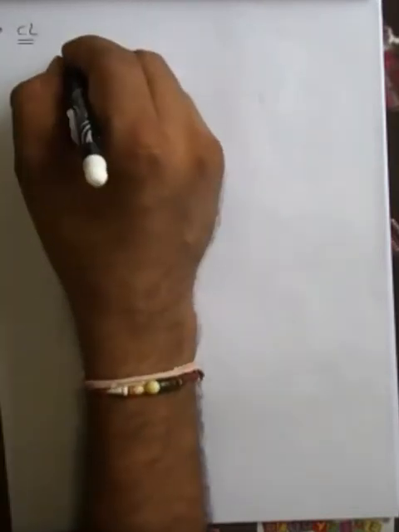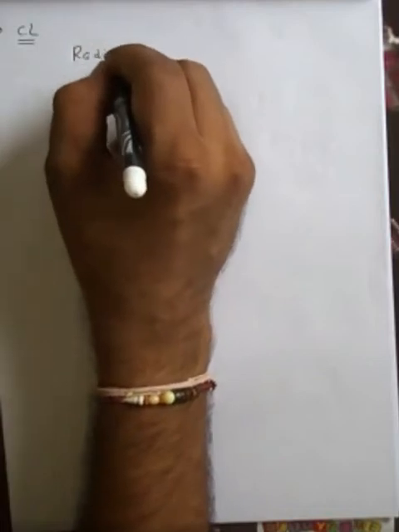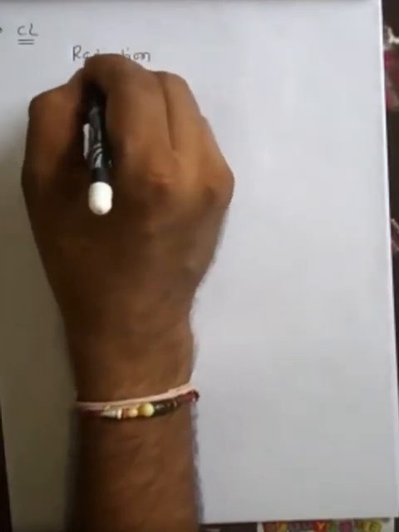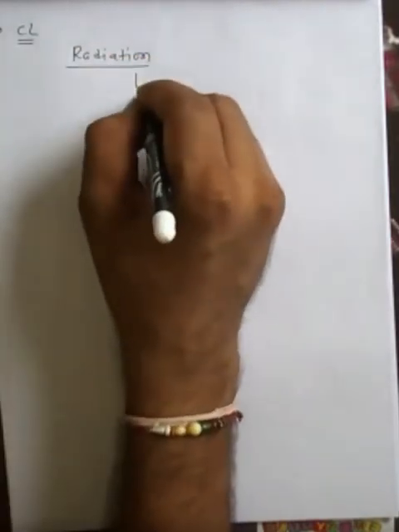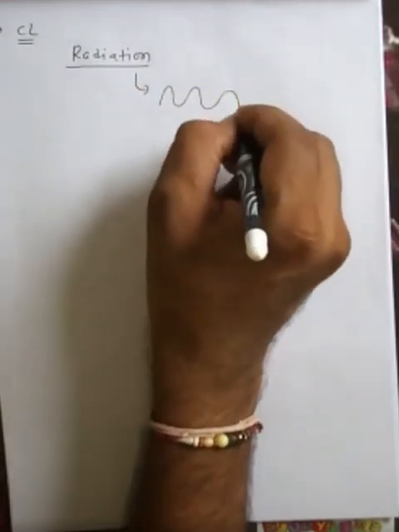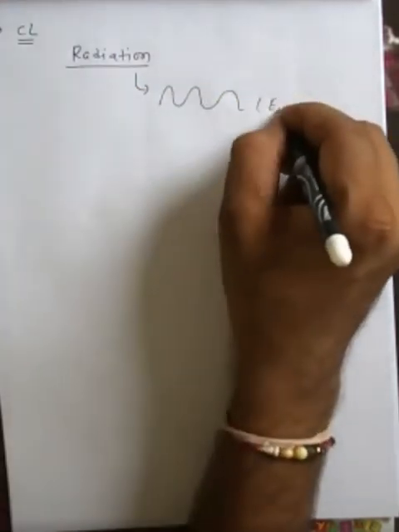In classical physics, we know that light radiation is nothing but a wave, an electromagnetic wave.